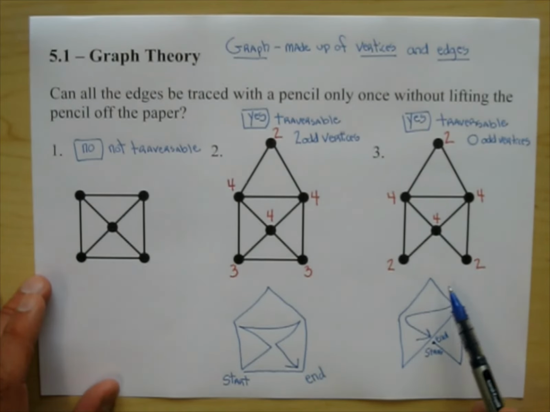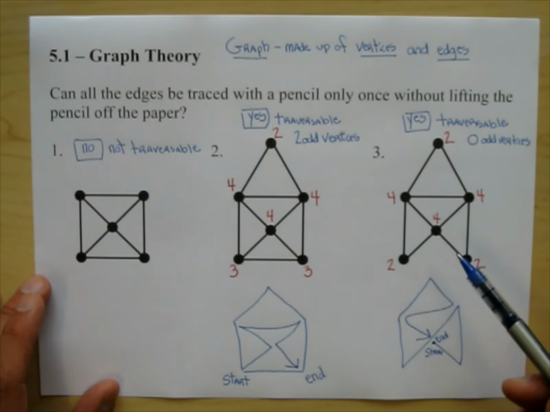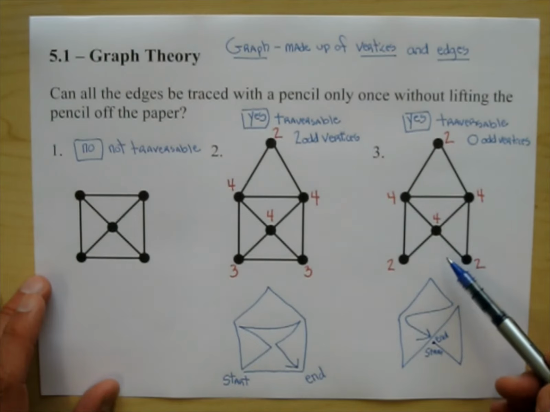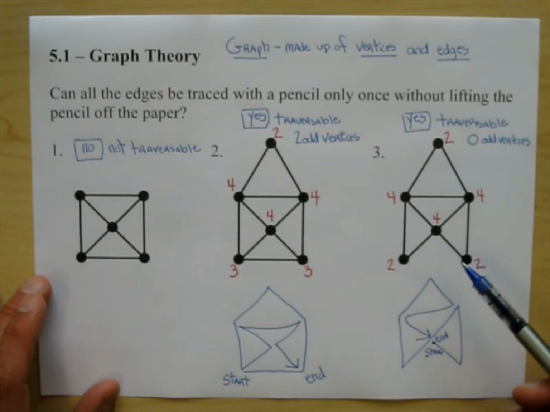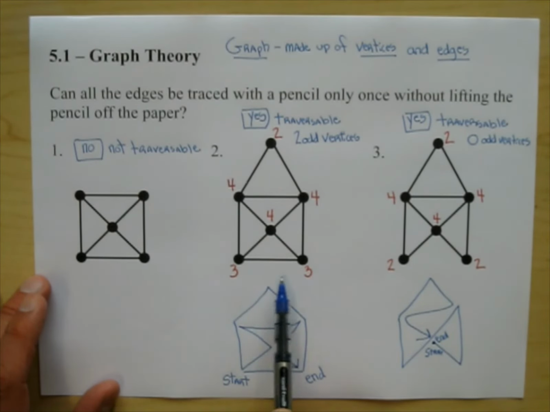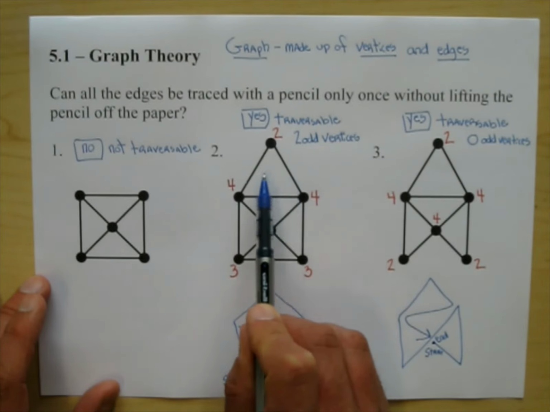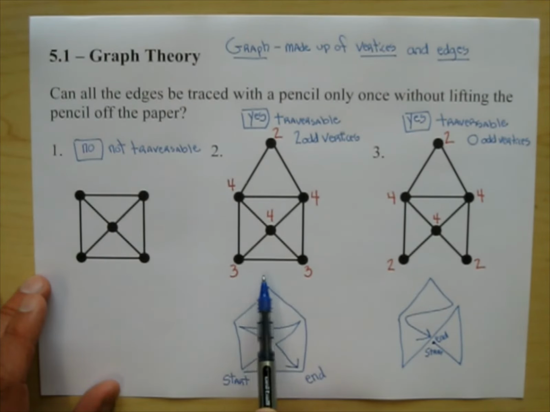So you can start at any vertex as long as you're careful, and maybe going slow will help you be careful. You can actually draw the diagram. You didn't have to start in the middle. But on this one, when you label a graph and you have 2 odd vertices, you must start at one of the odds and carefully go, and your end point will be at the other odd.